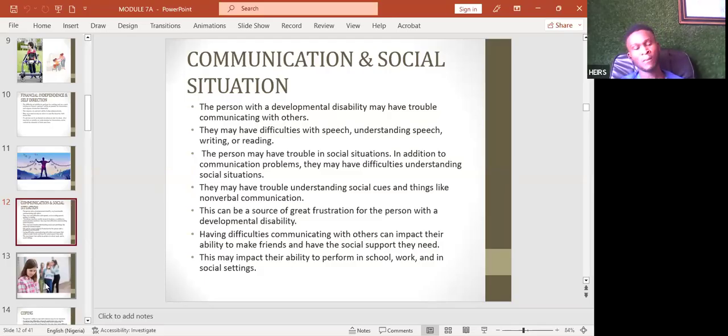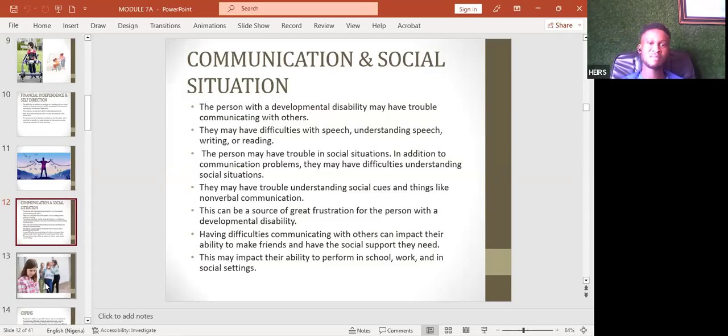Exactly. Now, imagine a case whereby a person who cannot speak, cannot talk, that's the same thing, speaking and talking, cannot understand, and still doesn't understand sign language. This can be really frustrating.